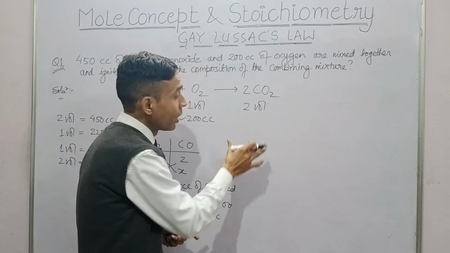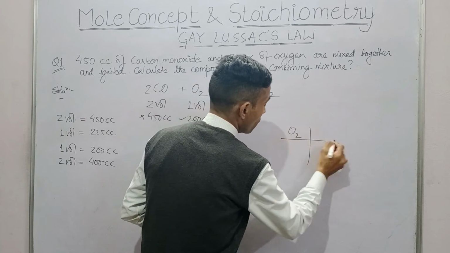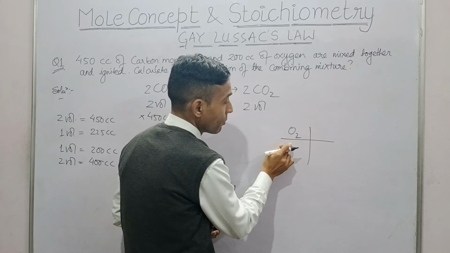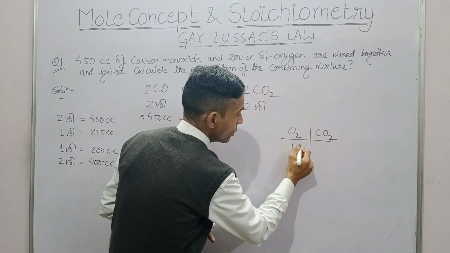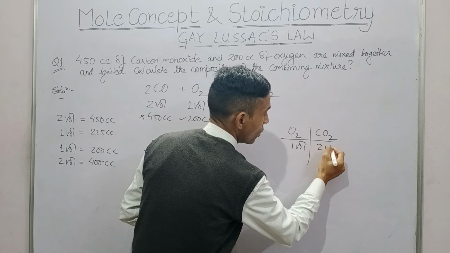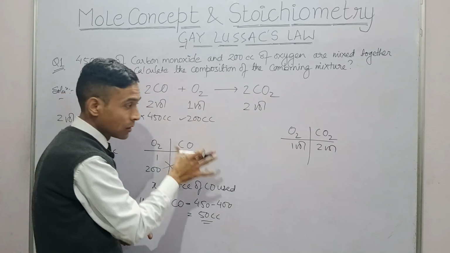Now let's find out how much carbon dioxide is formed. Again using the same method, keeping the base value as oxygen. 1 volume, this is 2 volume. According to the chemical reaction, this should be balanced.